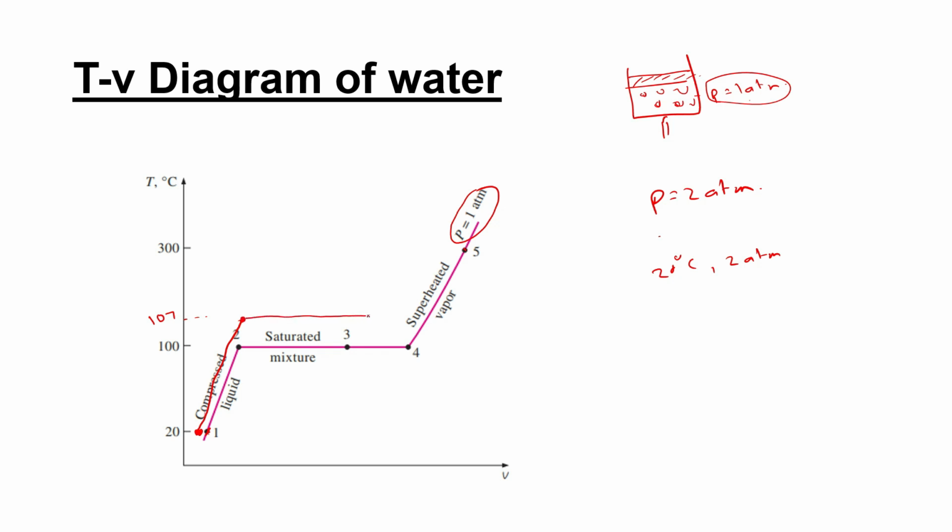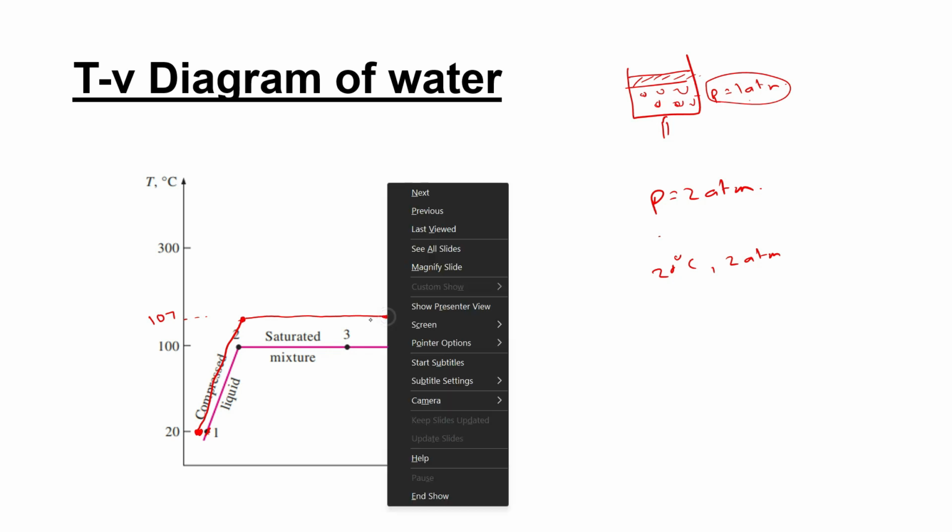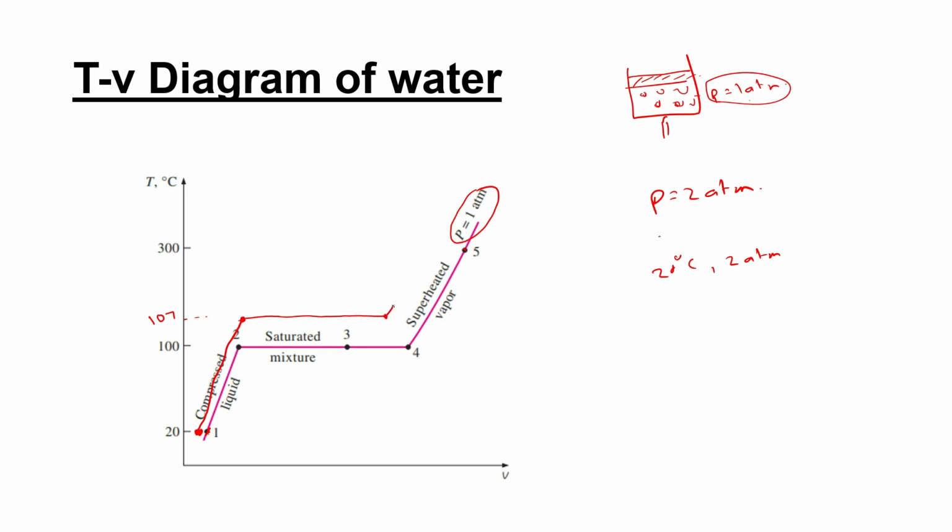Then if you supply heat, there will be a phase change from liquid to vapor. Then it will reach here, and then you have the superheated vapor stage. So this whole thing happens at 2 atmospheric pressure. Just like the 1 atmospheric pressure heating, here the saturation will be higher than that of the 100 degrees Celsius.